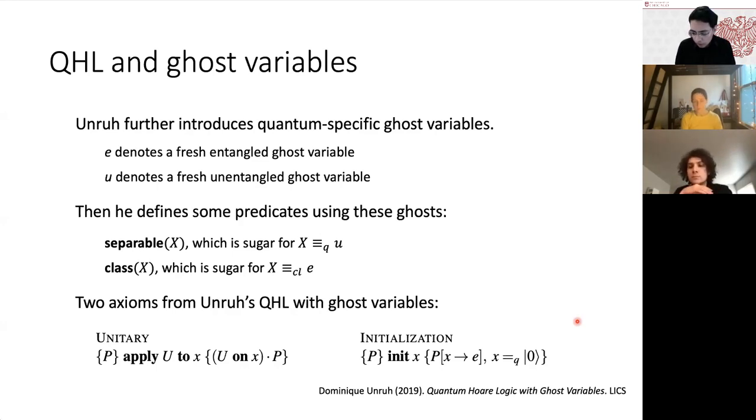Yeah, I think this is part of the technicalities of the ghost variables that I did not mention. I'll show one of our rules where this will become clear. But when we see the use of a ghost variable in Unruh's work, that basically means this ghost variable can take any value that is needed to make the given predicate true.